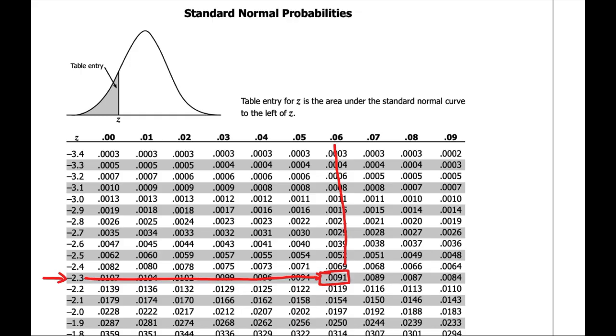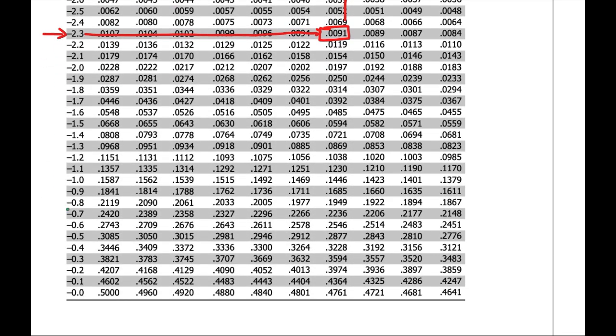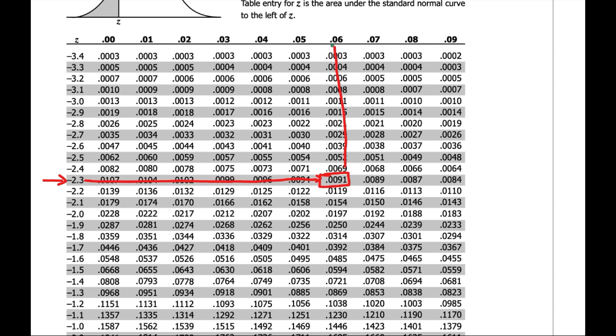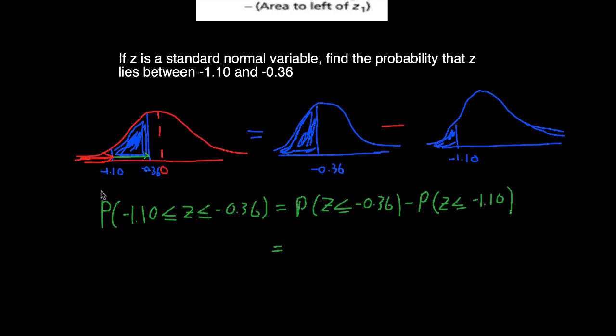For negative 0.36, negative 0.3 and 6, here is 0.06. The number is 0.3594.